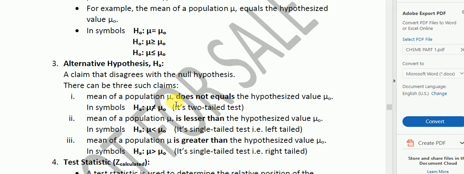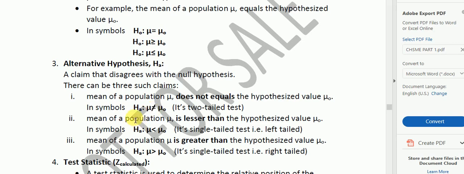This is called a two-tailed hypothesis testing, because we are dealing with both sides. Even if mu is greater, still the null hypothesis is rejected. Even if mu is smaller, still the null hypothesis is rejected, because the null hypothesis states that mu is equal to mu naught. So even if it's greater or smaller, it doesn't matter, it gets rejected.